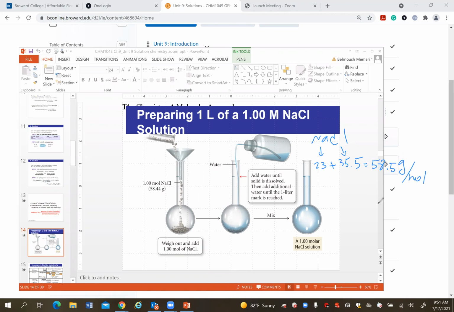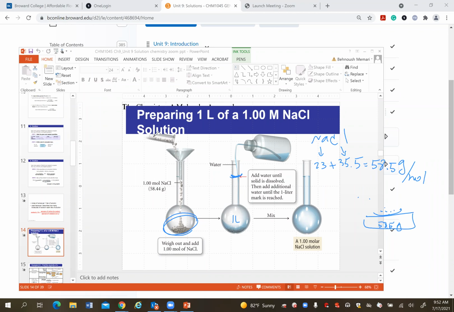Then I bring a balance, and I use the balance pan. I add enough salt to show 58.5 gram. That salt then is transferred into a volumetric flask. A volumetric flask has an index line, so if you fill the container to this line, it is going to have exactly 1 liter, if you are using the 1 liter container.